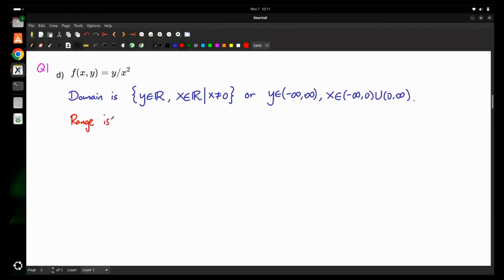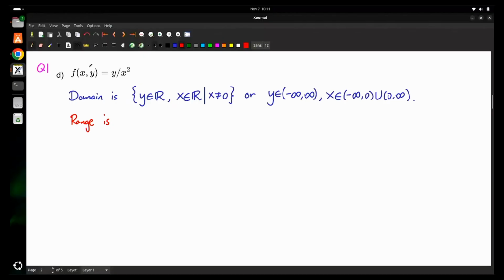so what do you think is the range? Because you are dividing by x squared, you can divide by a very large number, and then f is going to approach 0, but it's never going to be 0. But if y is 0, then with x a non-zero number, the function will certainly return 0.